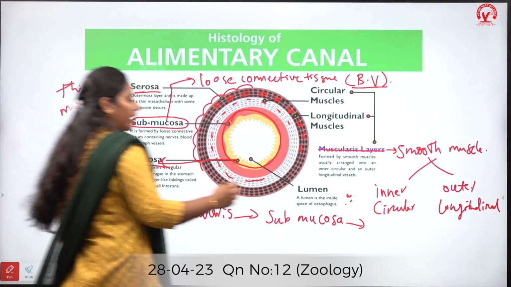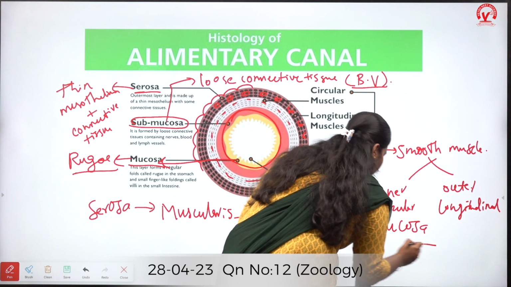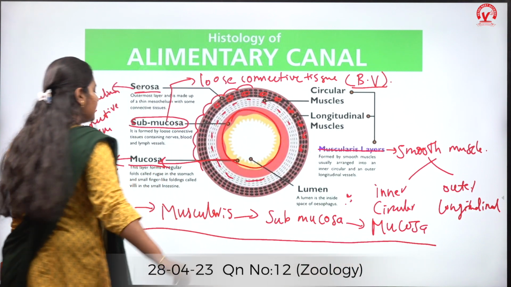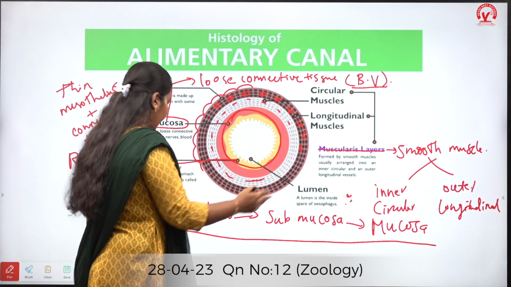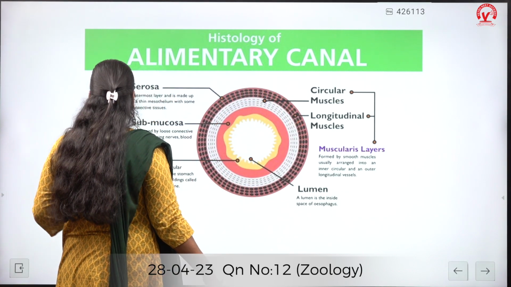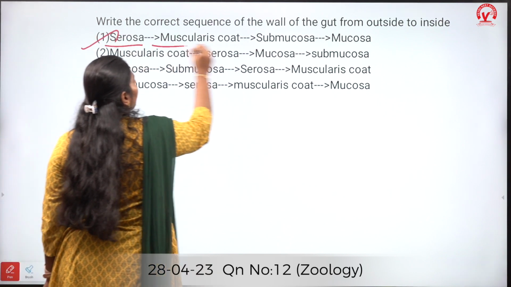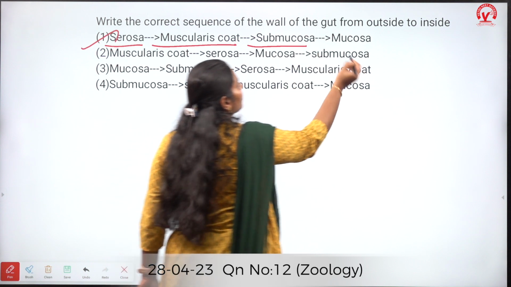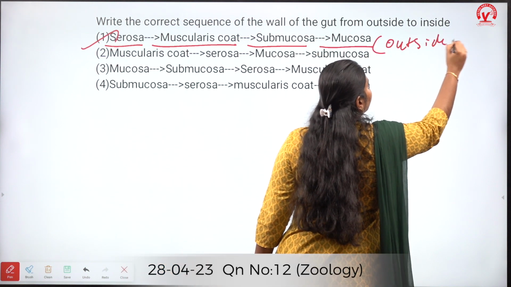So the innermost layer is mucosa. So the correct sequence of order is serosa, muscularis, submucosa and mucosa. So the correct answer for this question is option A, that is serosa, muscularis coat, submucosa and mucosa. It is the order from outside to inside.